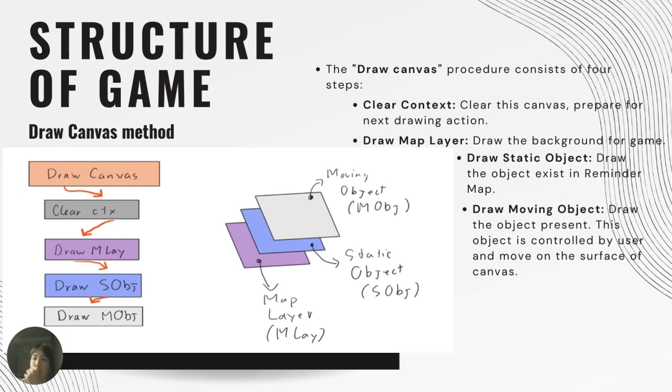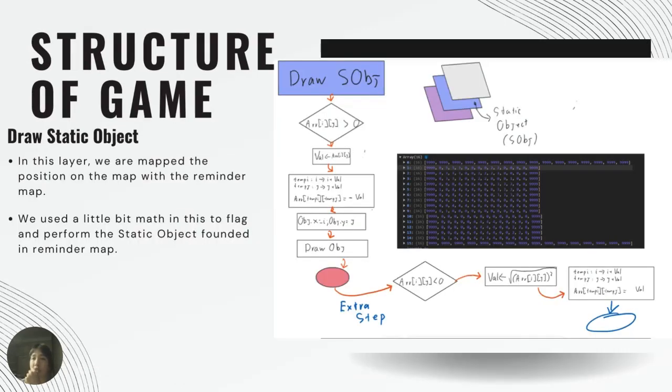Here is more detail about the draw canvas method. We have to do four steps: clear context, draw map layer, draw static object, draw moving object. Draw static object: in this layer, we are mapping the positions on the map with a reminder map.